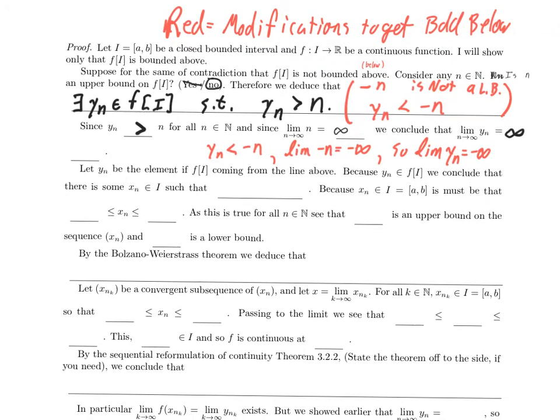So let's think about that y sub n. I have right now this conclusion: y sub n diverges to infinity. I'll get a contradiction out of that fact. So let's see, y sub n is in f of I. So that means there must be some x sub n in I so that f of x sub n is equal to y sub n. And that's just the definition of what f of I is.